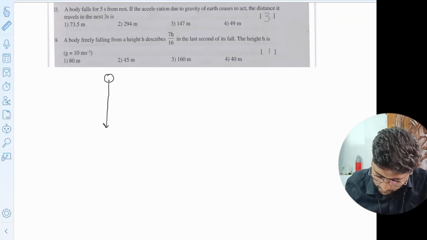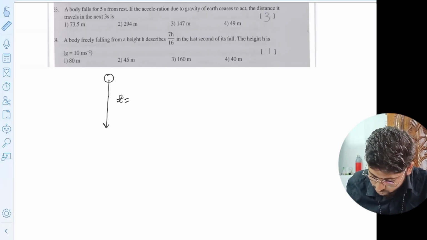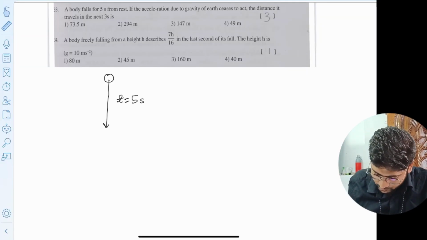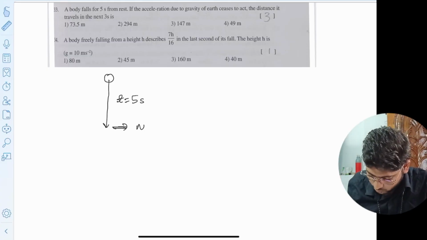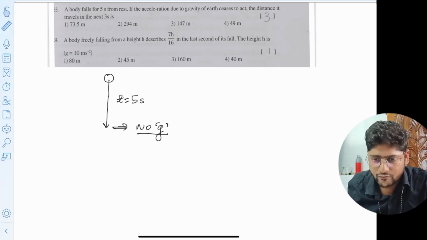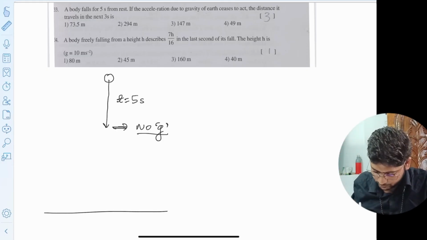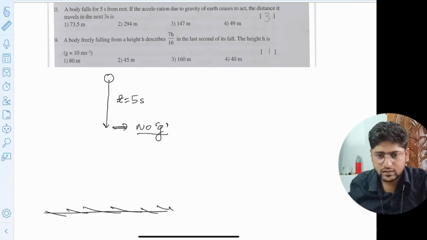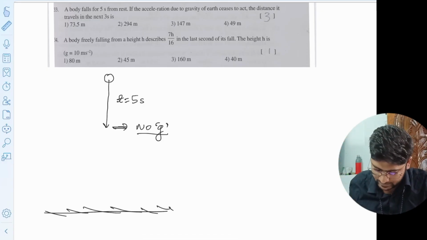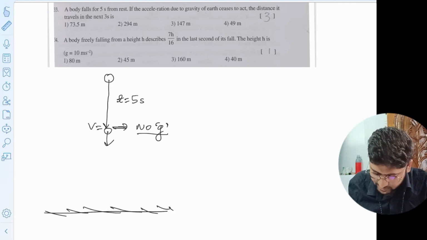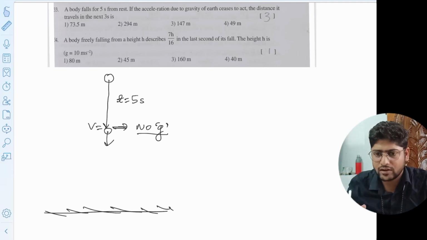First it will fall for 5 seconds, time t equals 5 seconds. From this point, when 5 seconds complete, no G means no acceleration. Suppose the ground is here downward. After 5 seconds, whatever the velocity will be here, it will continue with the same velocity only.